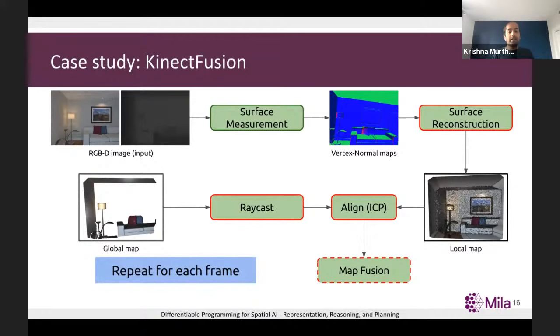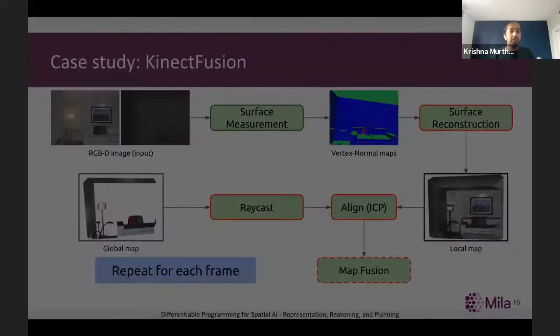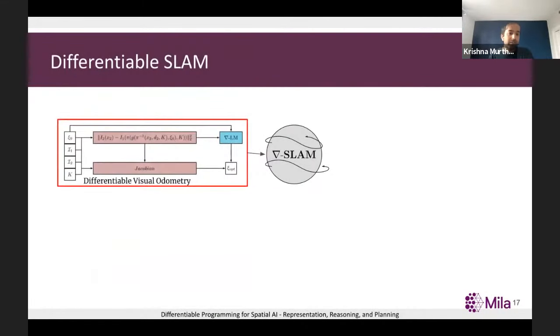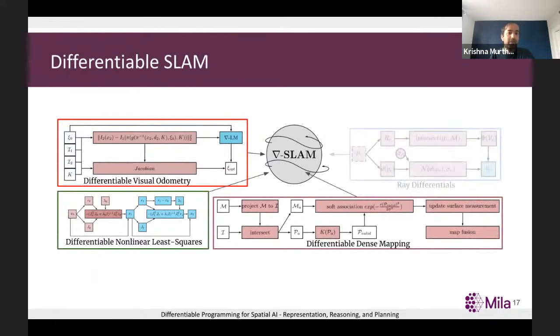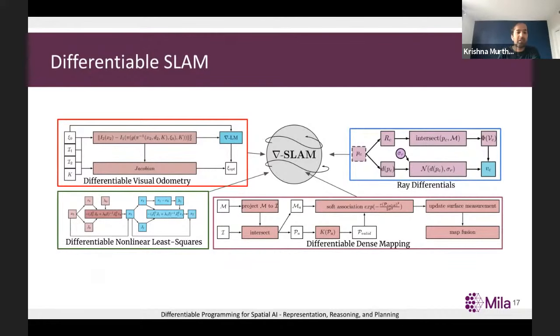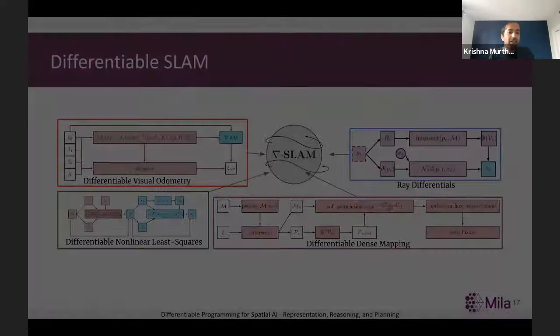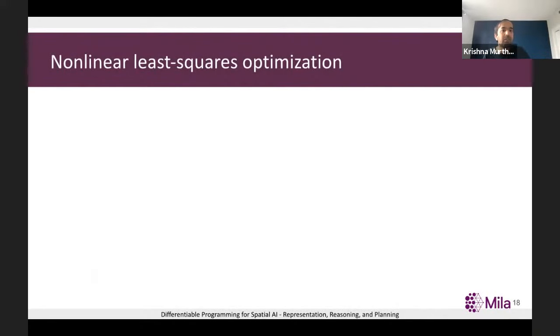And the idea of Grad Slam is, can we take these operations within a SLAM system and re-engineer them so that they become differentiable? There are several moving components in Grad Slam, but for the purpose of this talk, I'll go into detail into one of the components which I personally like the most, which is a differentiable trust region nonlinear least squares.